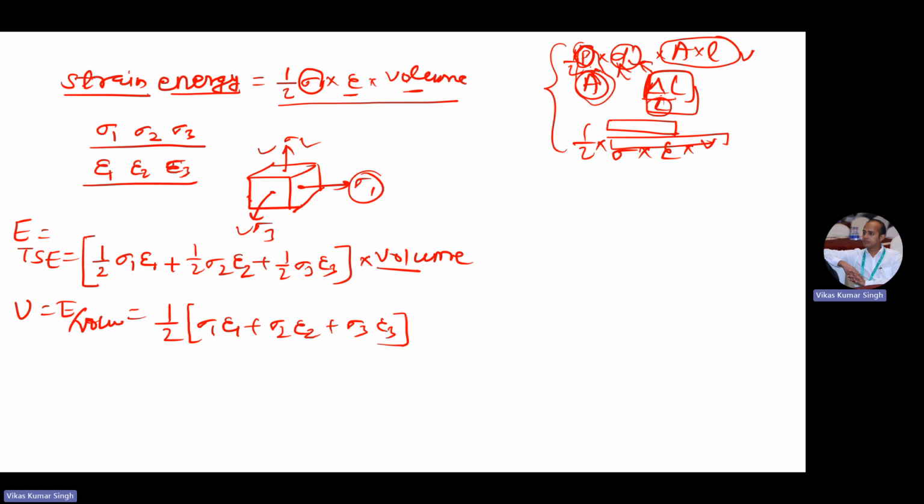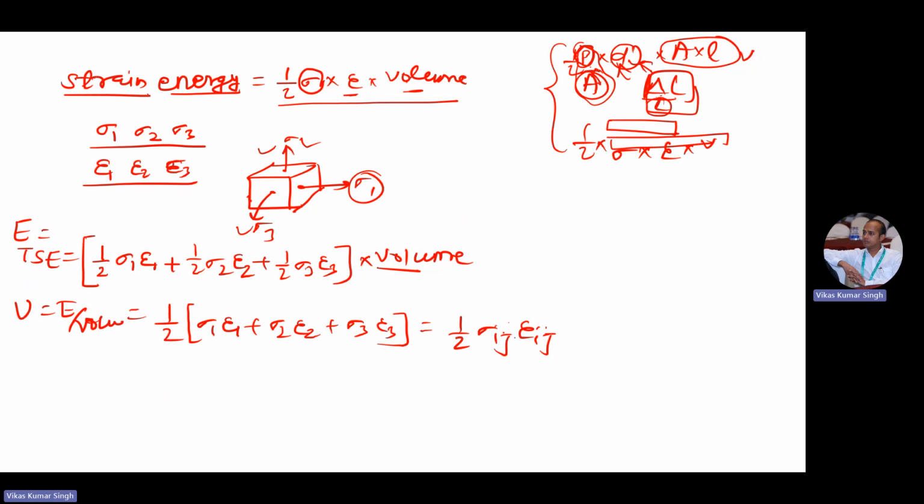And in terms of tensor, if you want to write sigma ij and epsilon ij, ij is denoting the index 1 1, 2 2, 3 3. So this is the dot product of the tensor.